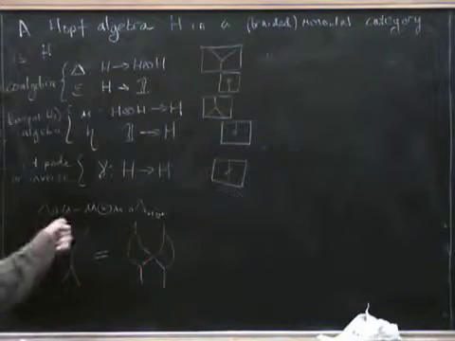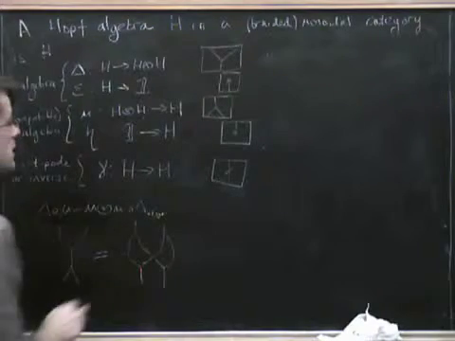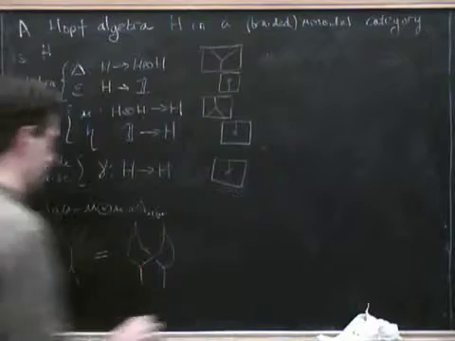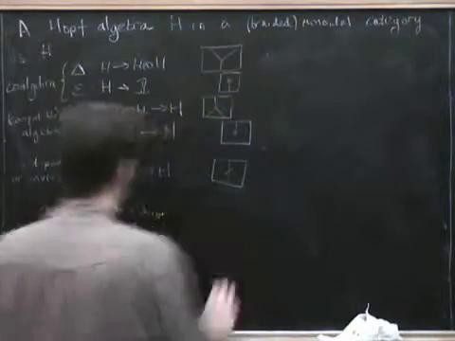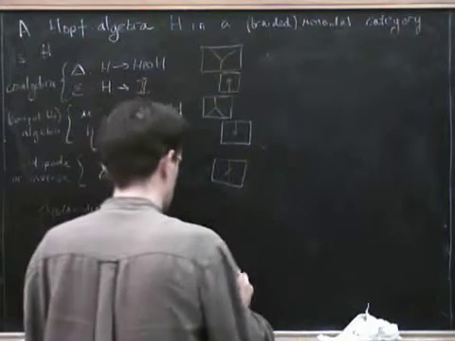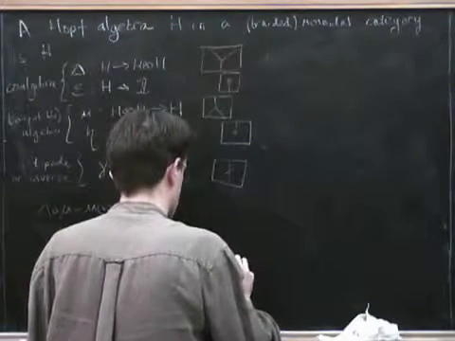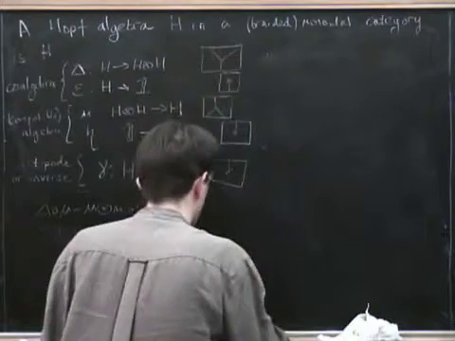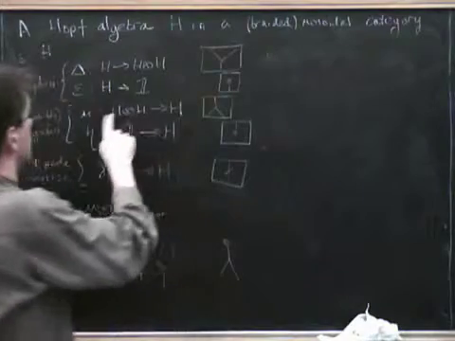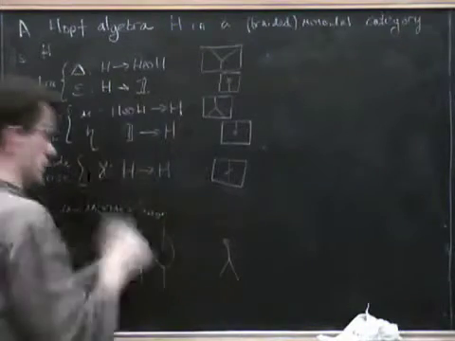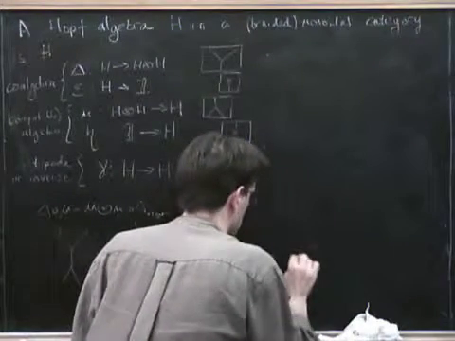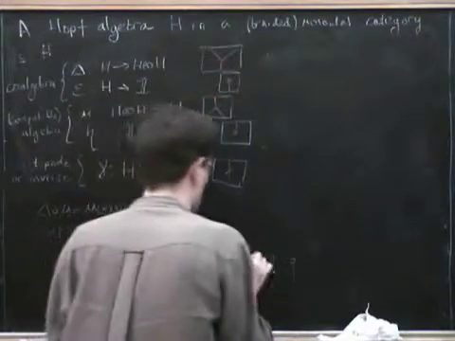Okay, so that was mu being compatible with delta, but of course it also has to be compatible with epsilon. That just says that mu followed by epsilon is equal to doing epsilon on H tensor H first. And epsilon on H tensor H was just epsilon tensor epsilon.